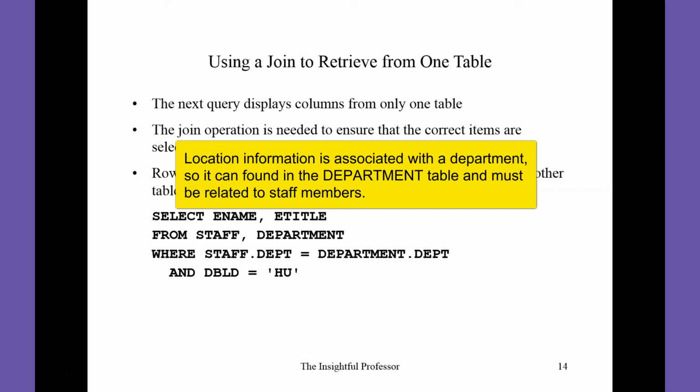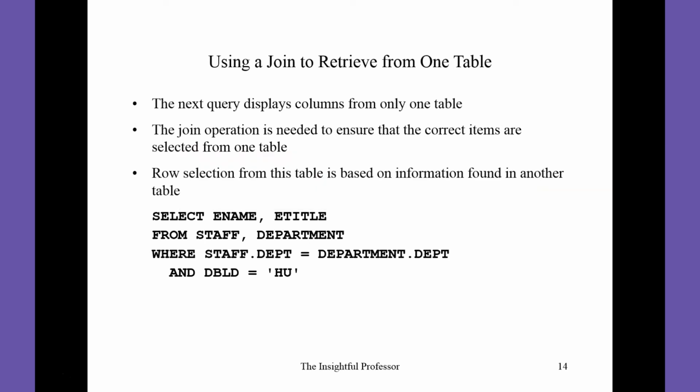So if I know that an employee works in some department, I can go and look at that department and find out where the employee might be located on campus, which building and perhaps which room. Here, we're using that location information from the department and relating it to the employee information in the staff table.